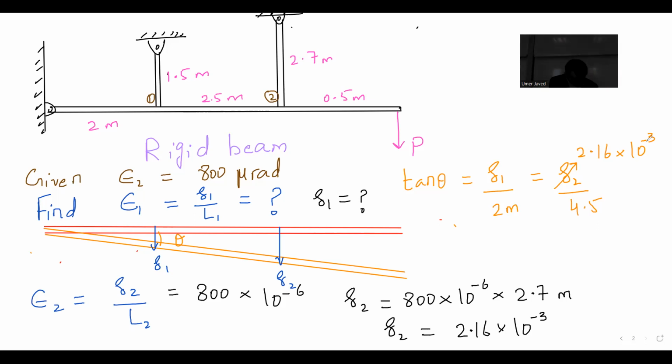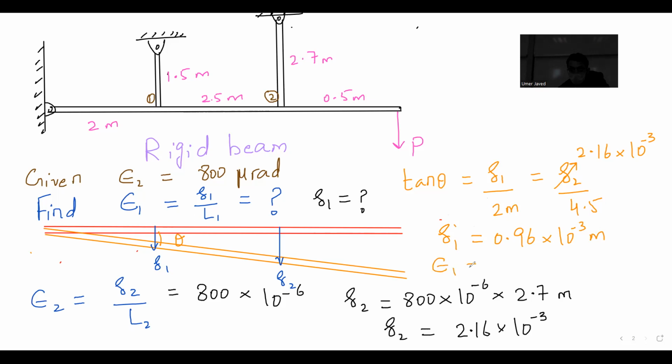So it comes out to be, done. Epsilon 1 comes out to be, yes. So delta 1 I will write. Yes, 0.96 into 10 power minus 3 is something that someone told me. Thank you.